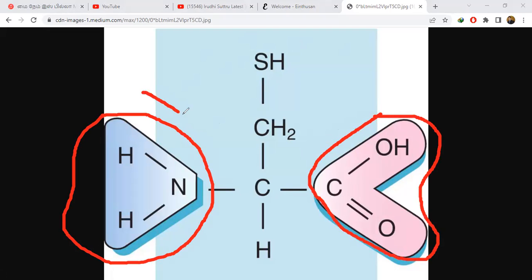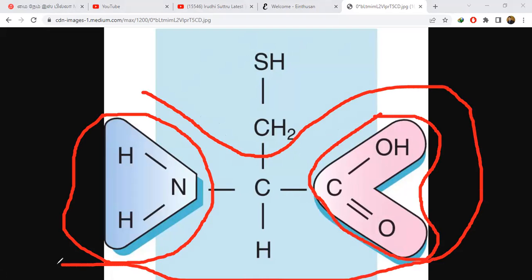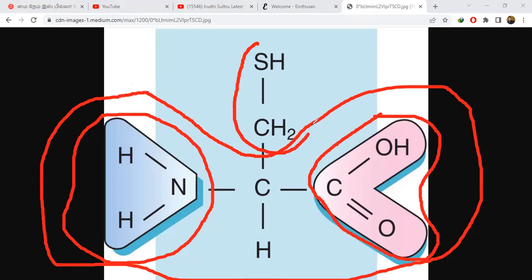That means this is going to be the backbone. If that is the backbone, this piece is going to be the side chain.